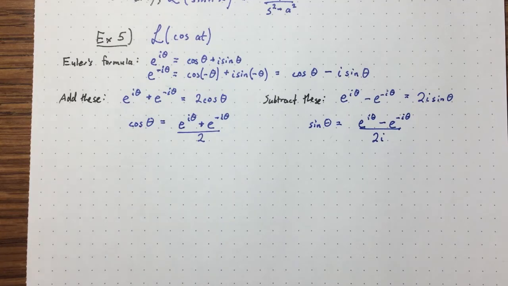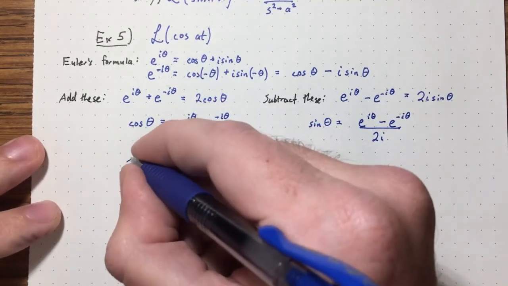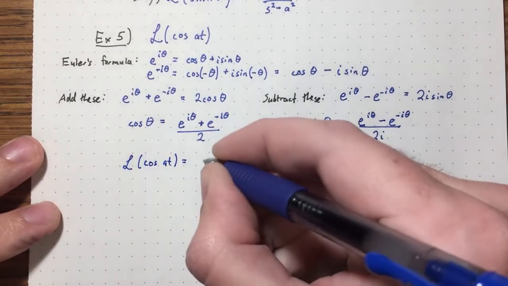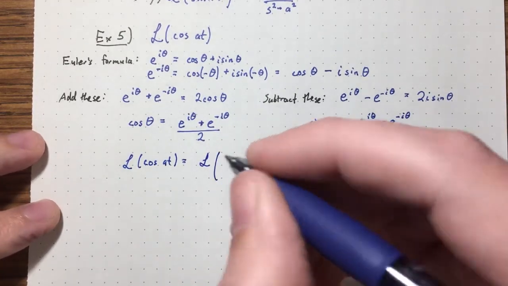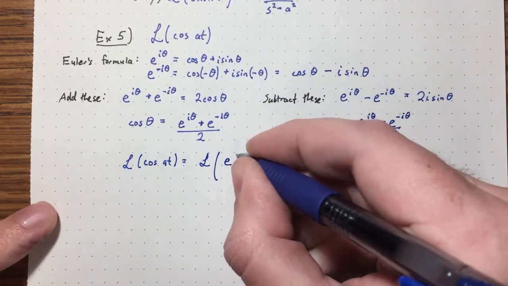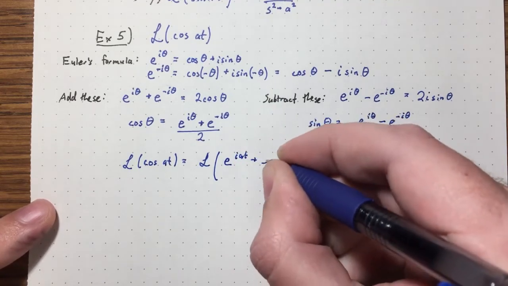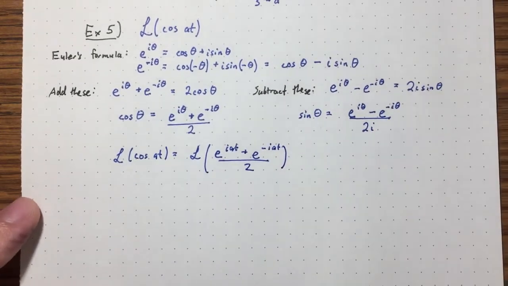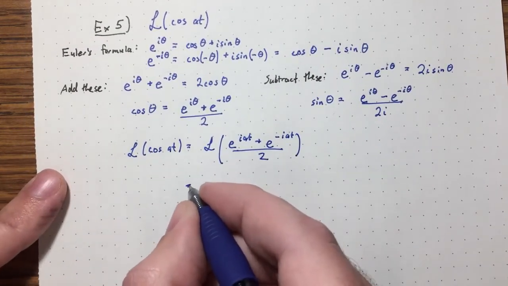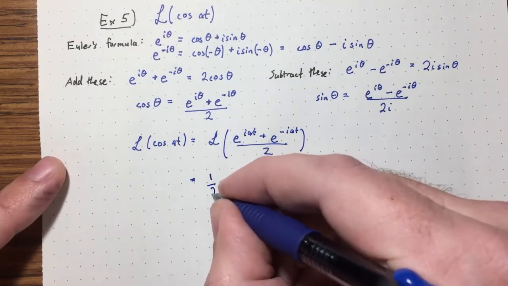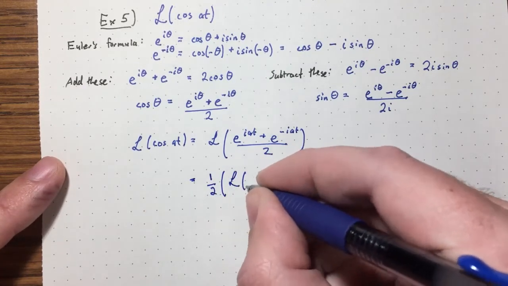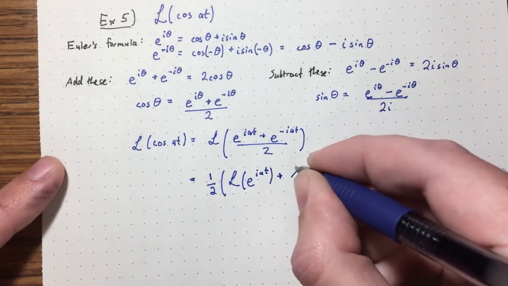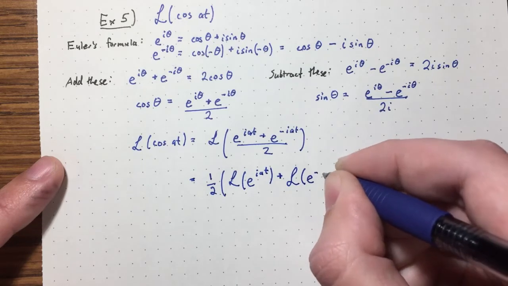And so here's a crazy idea I'd like to use now. I'd like to use this formula to do cosine of at, just like we did for the hyperbolic cosine. So what do we get? We get e to the iat plus e to the minus iat over 2. And that is, by linearity, 1/2 of the Laplace transform of e to the iat plus the Laplace transform of e to the minus iat.